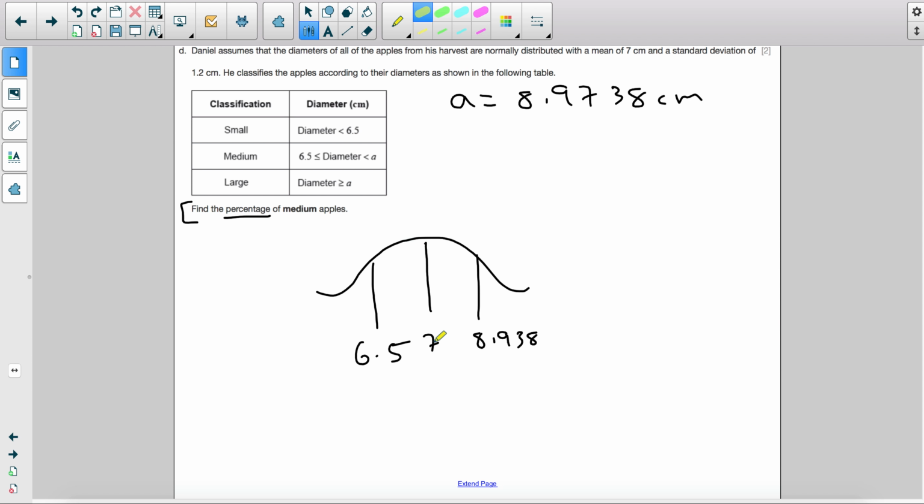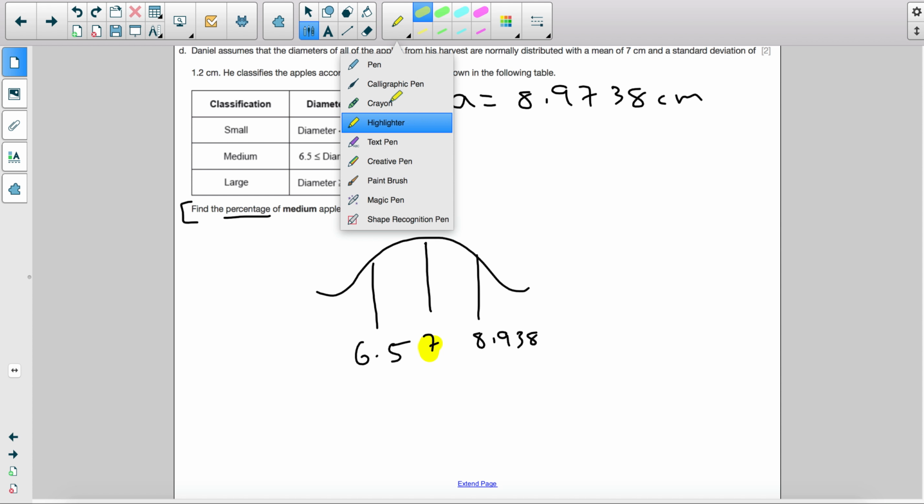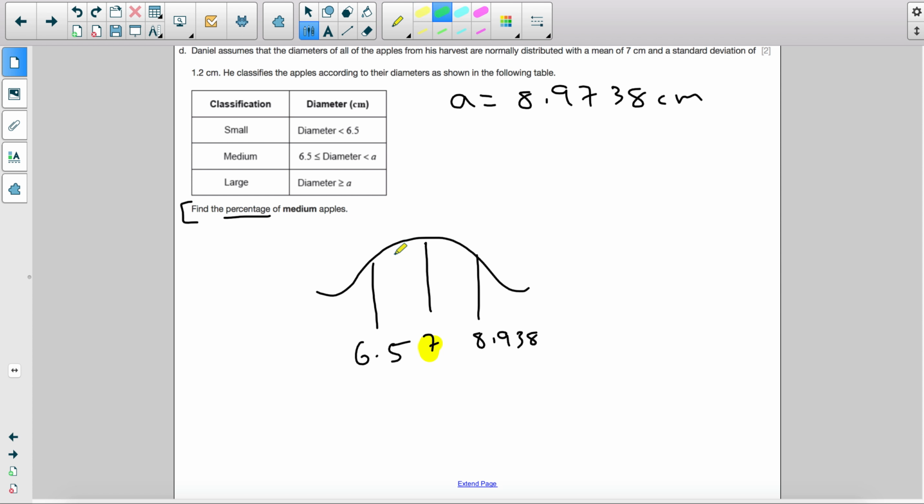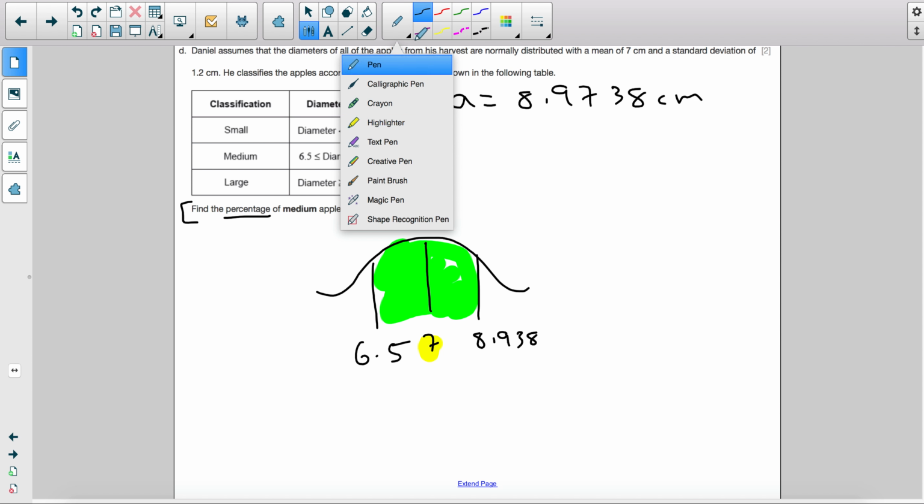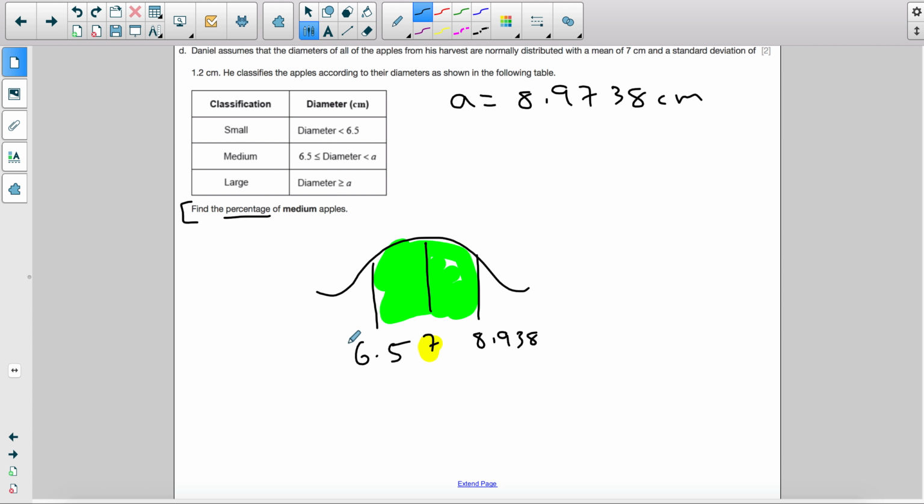Let me just highlight the mean so that it looks different from all of them. The area we want is between those two values. Again, always sketch, because you might get 1 mark for the sketch, just showing that you recognize that this is the area you need. You plug these numbers into your calculator, normal CDF. This time you have a lower boundary of 6.5 and an upper boundary of 8.9738.